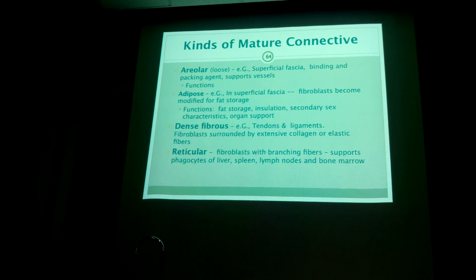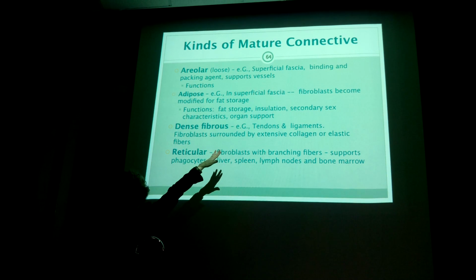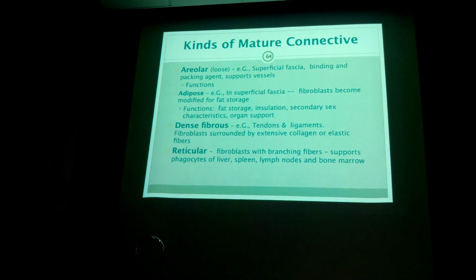Okay, and then these are the types of mature connective tissues that I showed you pictures of, or you looked at a minute ago, the words. The areolar, adipose, dense fibrous, and reticular. Dense fibrous tissue, tendons. Those are dense.